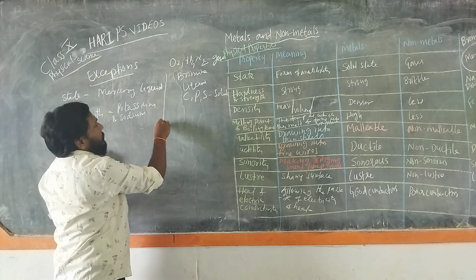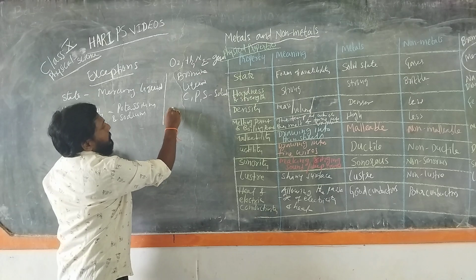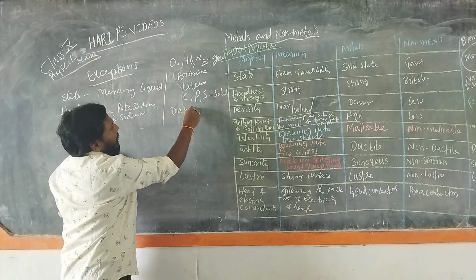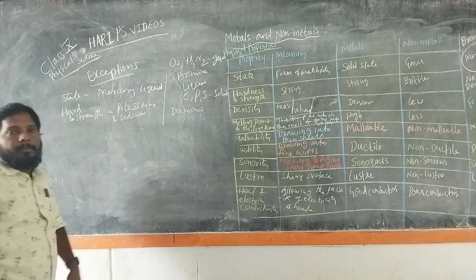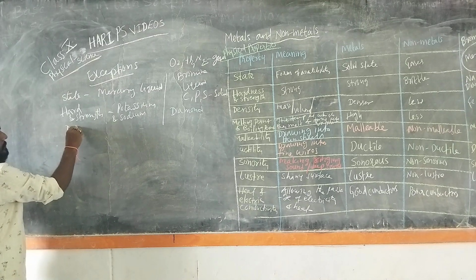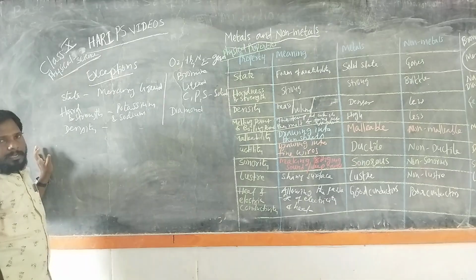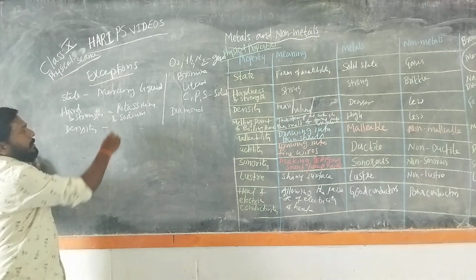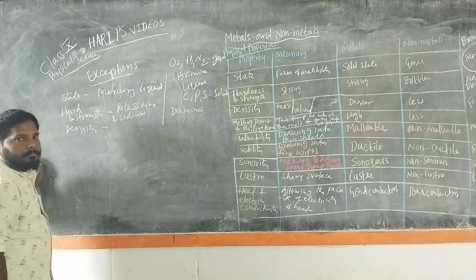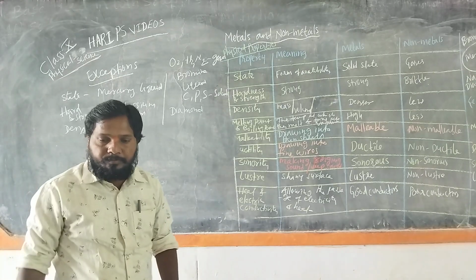Generally we consider metals hard, but diamond, which is a non-metal, is the strongest material in the world. Then density. Metals have high density, except potassium and sodium. Generally non-metals have low density.